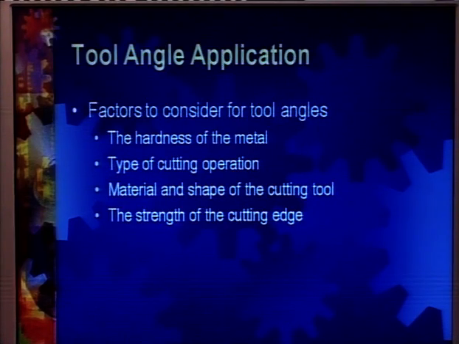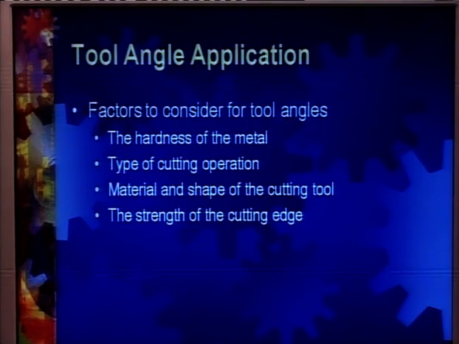The material and the shape of the cutting tools again is important. Material I have already explained. As for the shape, different types of cutting tools require different shapes, because the shape of the cutting tool also determines the shape which will finally be given to the workpiece.